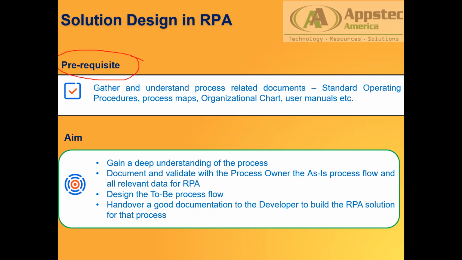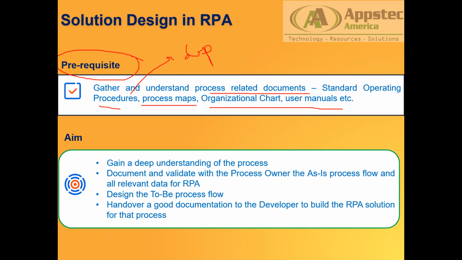As a part of the prerequisite of any solution in RPA, we're going to gather and understand the process related documents. That means the standard operating procedure, the SOP, telling me how the process involves tools like SAP, Oracle, ServiceNow, Jira. What my process roadmap is, we're going to talk about in detail in the subsequent slides. The charts and the manuals.